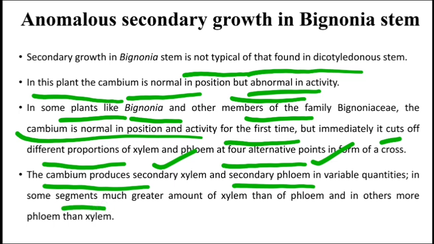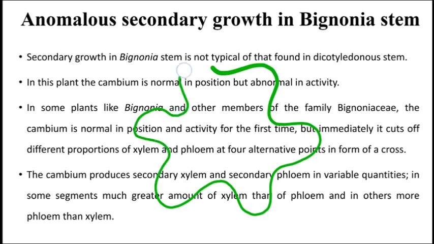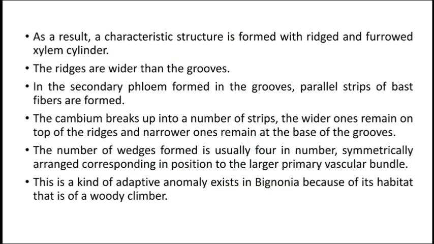In some segments, a much greater amount of xylem is formed than phloem, and in others, more phloem than xylem. In this way it forms ridges and furrows, so a characteristic structure is formed with a ridged and furrowed xylem cylinder.